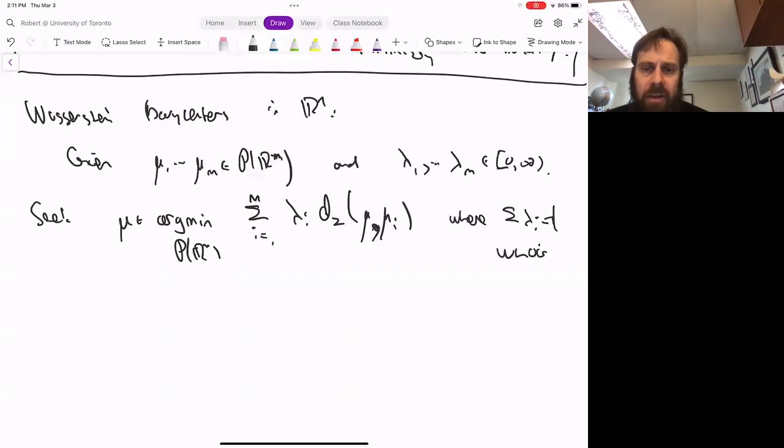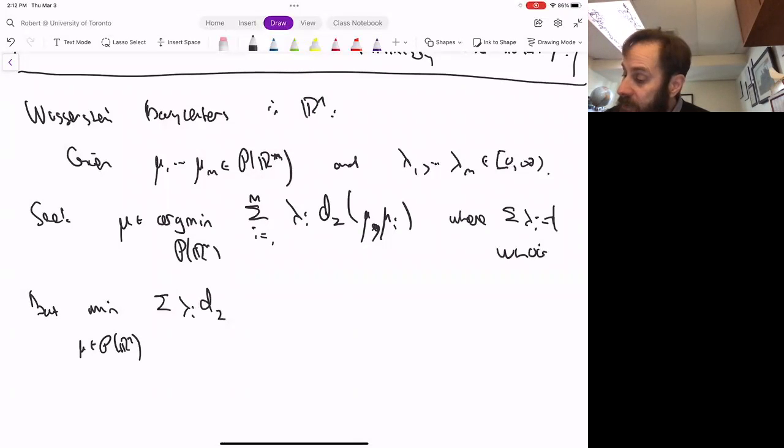And so just as in the hedonic pricing problem, another way to write this min, oh, it's squared. I better square this. Otherwise, it won't be so nice.